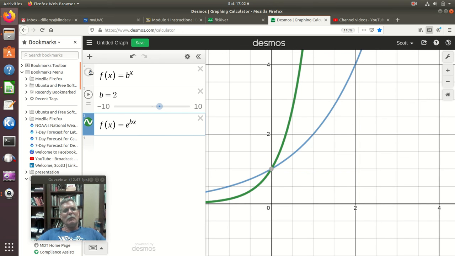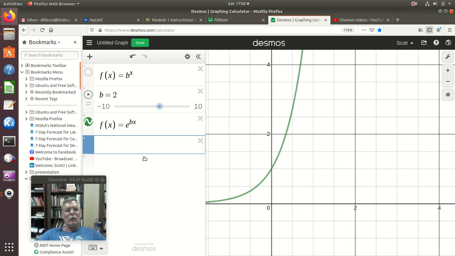Okay, so here our base, since this is equal to e to the b, and then I need to put that in parentheses, to the x, then you see that the blue line and the green line are the same.